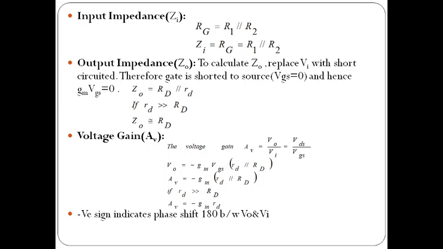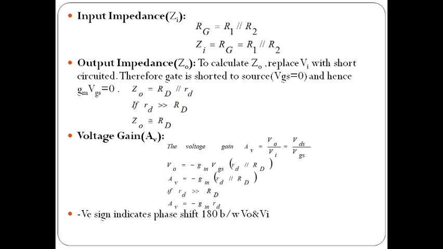Output impedance is calculated by short circuiting VI, that means VI equals 0. Then the gate is short circuited to the source, so VGS equals 0. Hence gm into VGS equals 0, because the product term becomes 0.